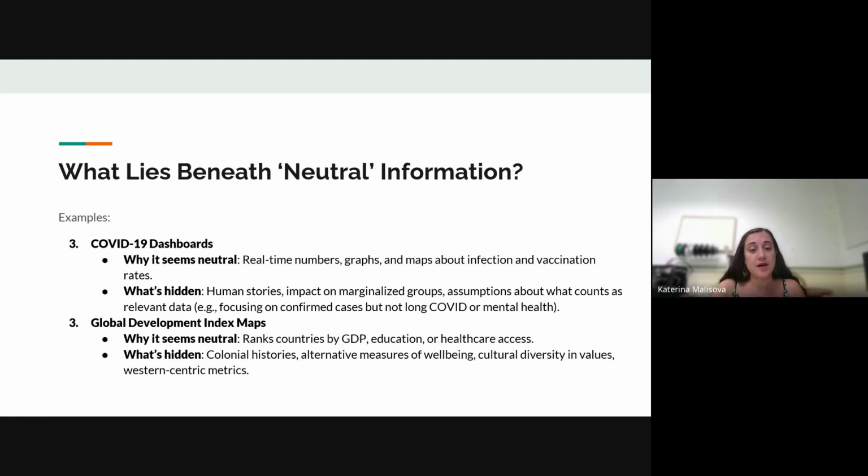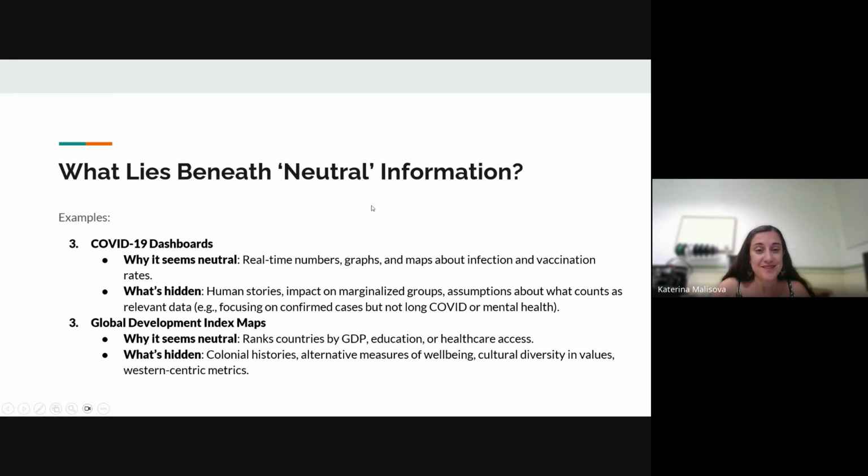Another example is the infographics in news media. They claim objectivity through charts, but they frame some choices there, like scales, omissions, or even visual metaphors, and they can push an ideological agenda, maybe.